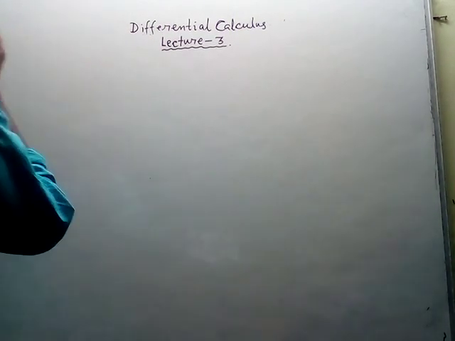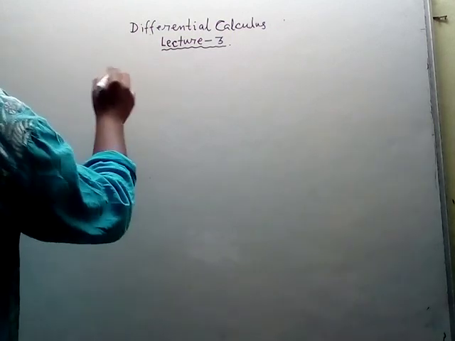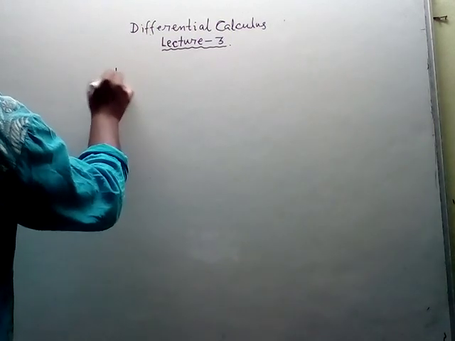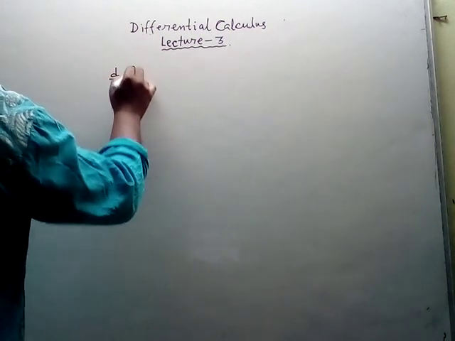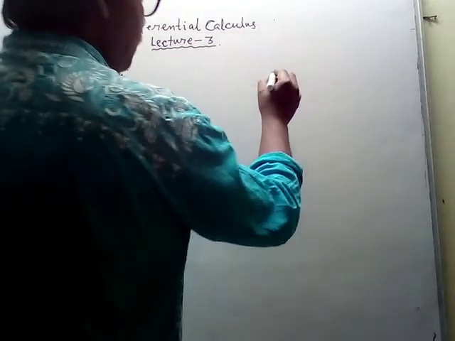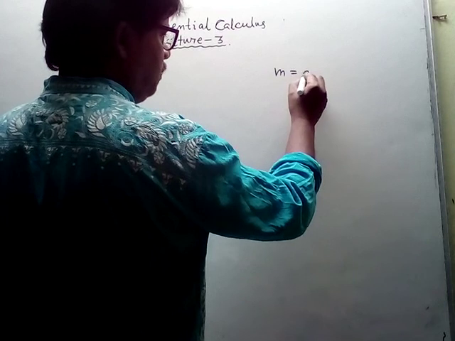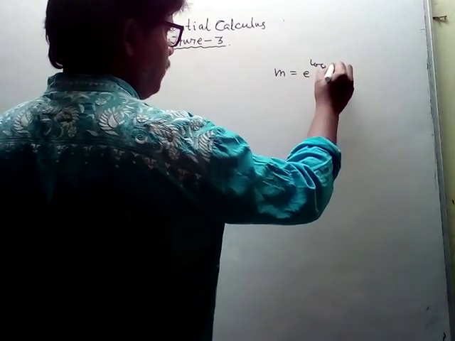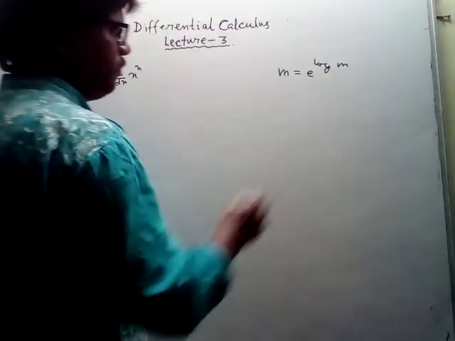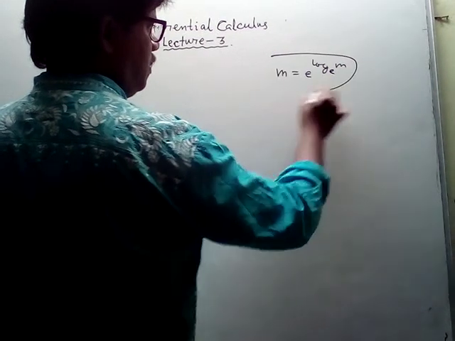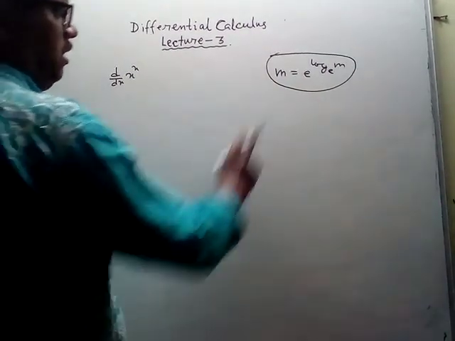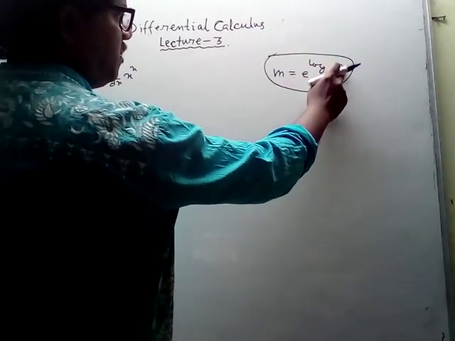We can differentiate x power x in another way. d/dx of x power x. This is an important formula in logarithms: m equals e power log of m, base e. Anything equals e power log of that thing.